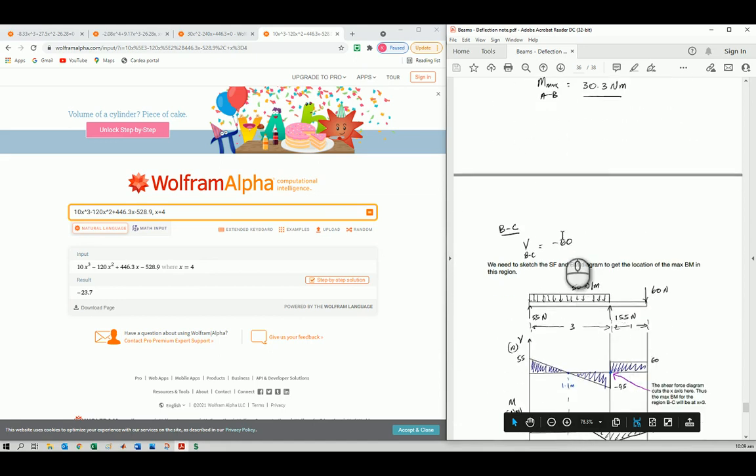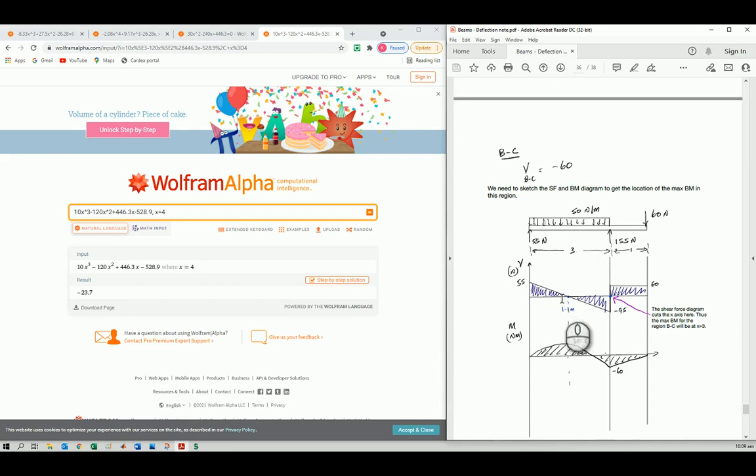For BC, the shear force is just minus 60. There's no equation in terms of x. So where is the maximum bending moment in this case? Well, for that, we could sketch out the shear force and bending moment diagram. This is why it's always important to have at least these two diagrams for your beam.